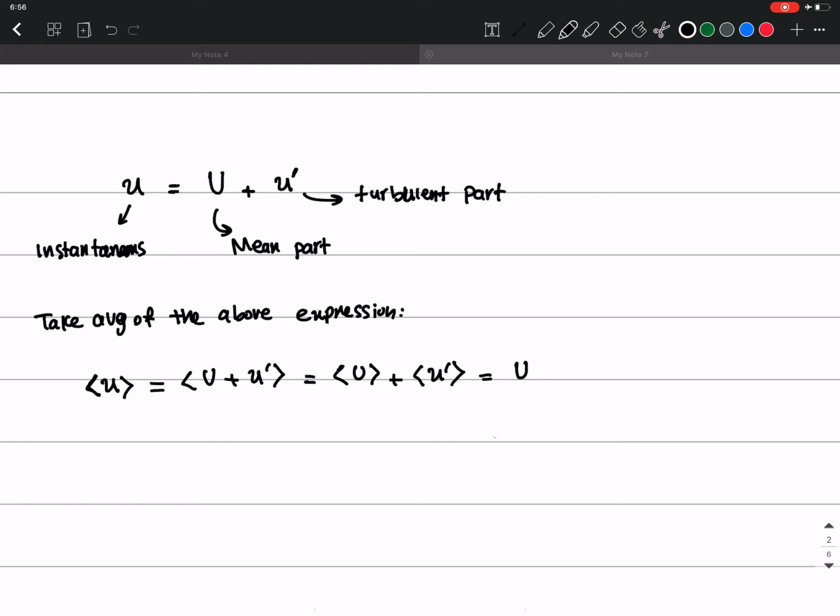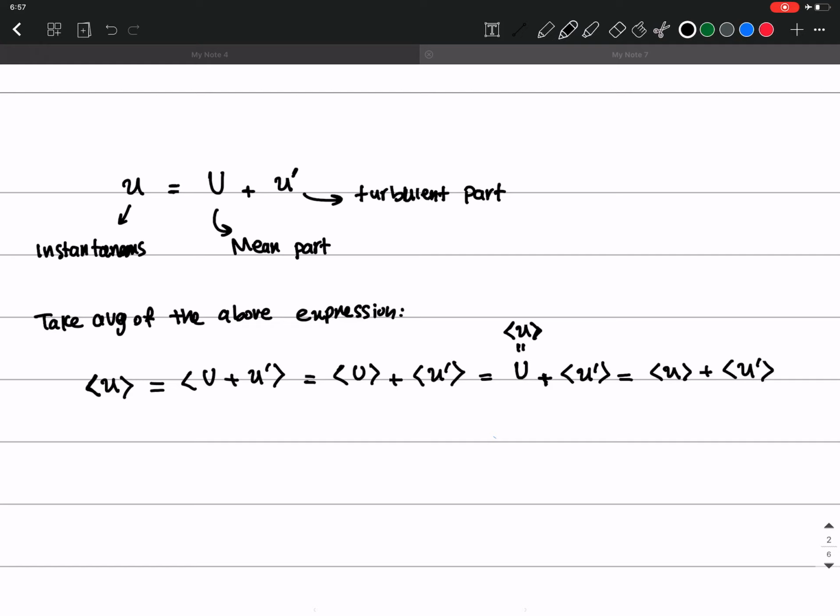And the bracket of capital U is going to be again capital U. So this equals capital U plus u prime, because this is just one number, and when you take the average, it's going to be equal to this. And this is just the definition, the average of U. So this equals the average of U plus the average of u prime.